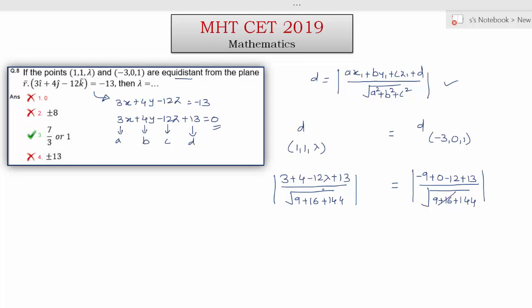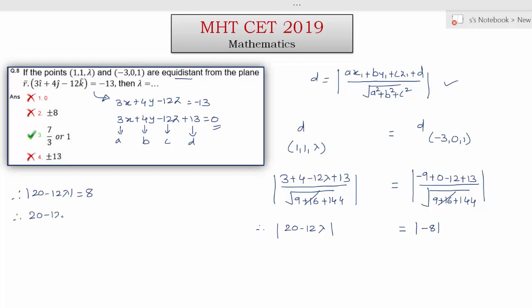Okay, so we can cancel out the denominator straight away without calculating, and we get 3 plus 4 is 7, 20 minus 12 lambda in a mod is equal to mod of minus 8. So this becomes mod of 20 minus 12 lambda is equal to 8.